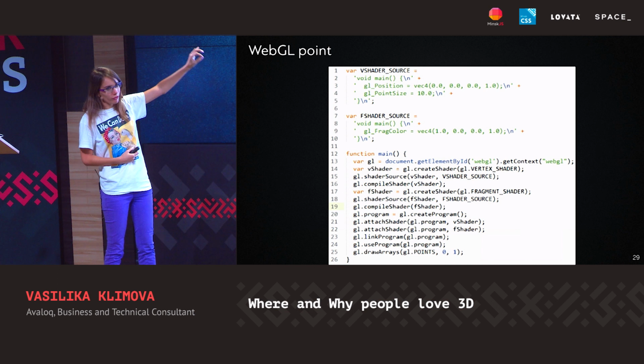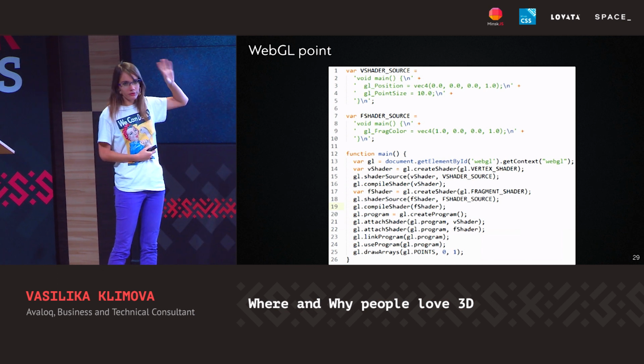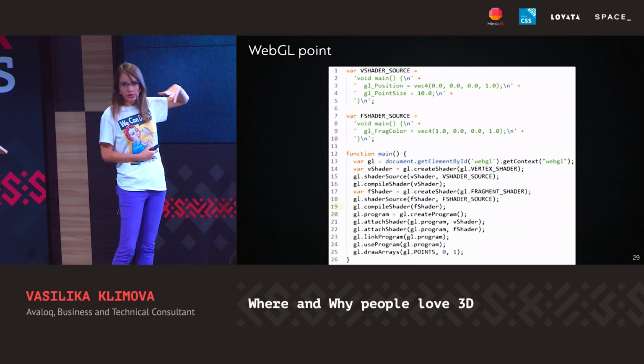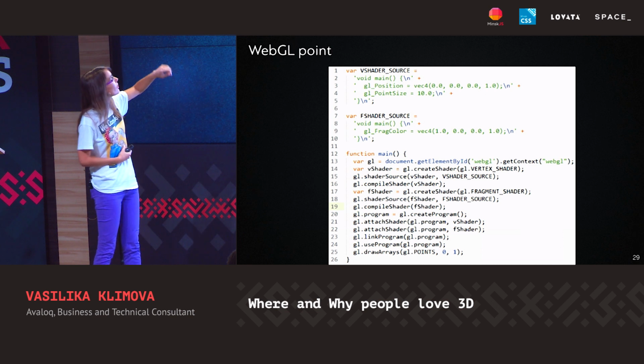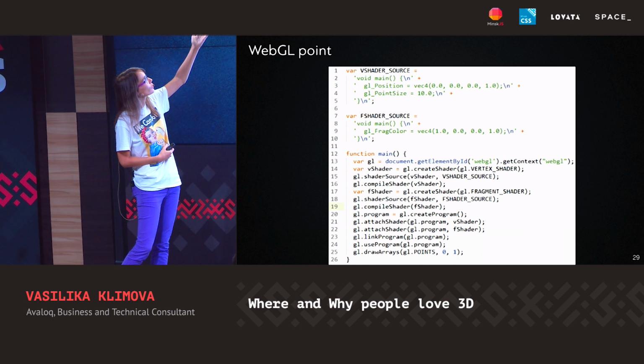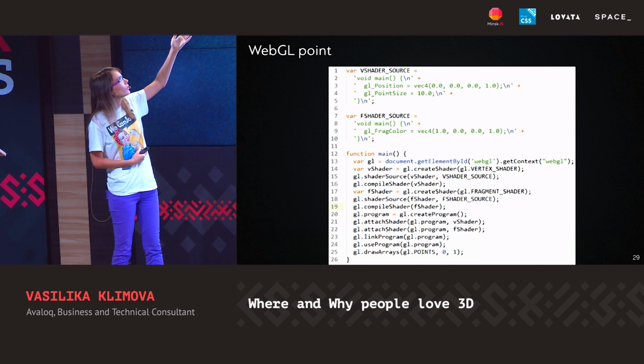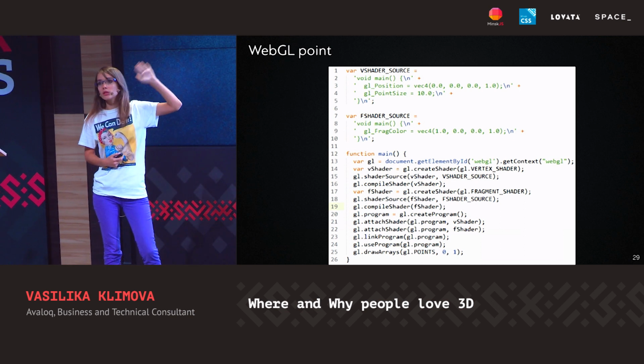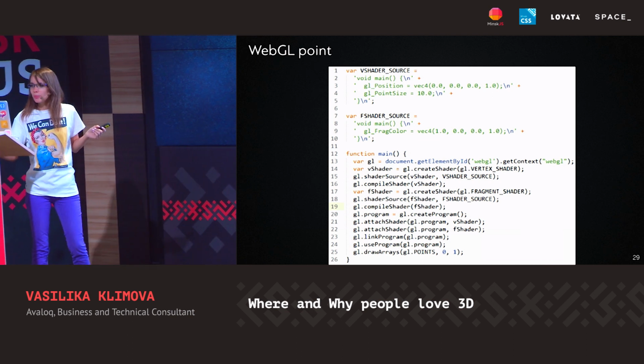We have a main function in each shader. This function will return the result of this shader. And the idea of the vertex shader is to have a size. For example, if we talk about a point, it's to have a size of this point, and also its position.